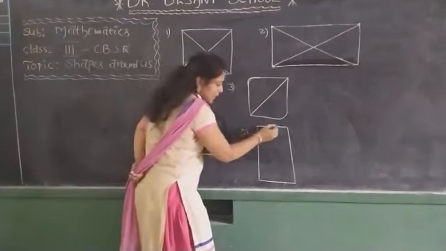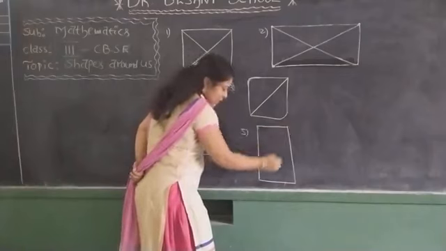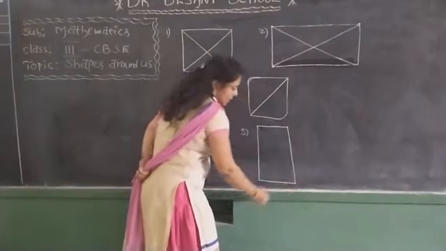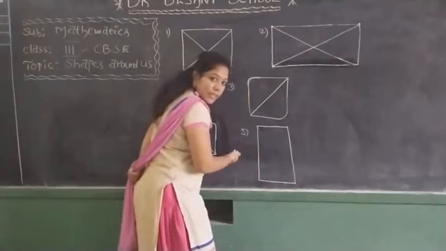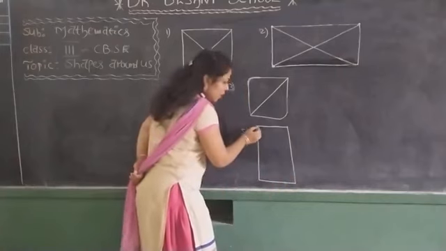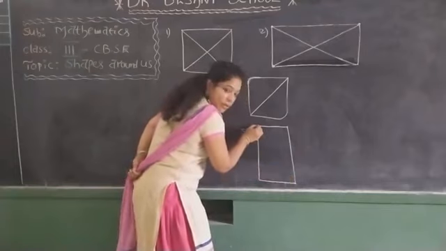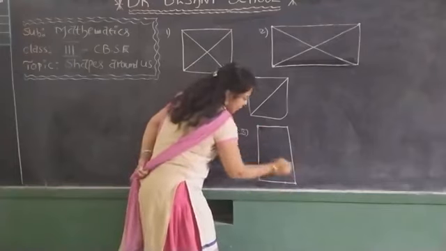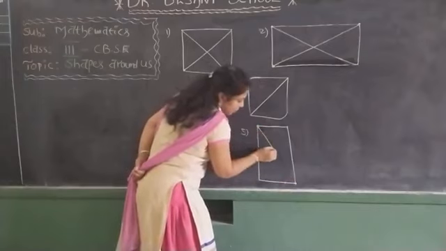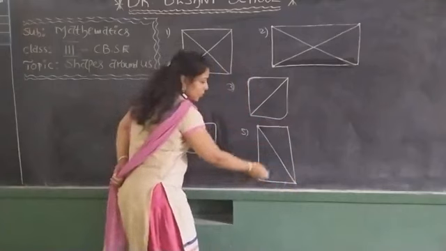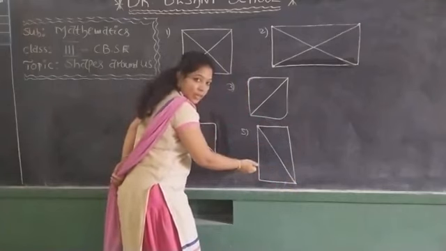This is also a vertex. And this is also a vertex. And this is also a vertex. And this is also a vertex. Now how can we draw the diagonals? As usual, normally, by connecting opposite vertices. This is one vertex. This is the opposite vertex of this vertex. That's why by connecting these two vertices we can draw the diagonal. And what about these two opposite vertices? Can we draw or not?